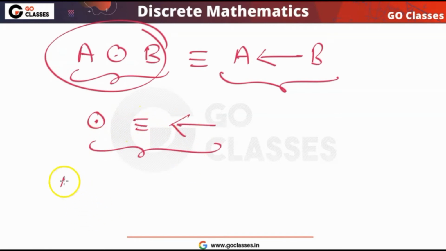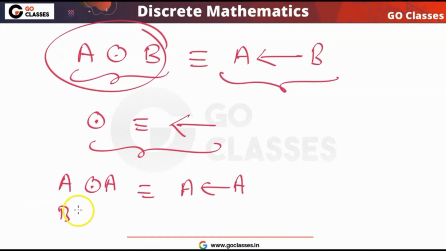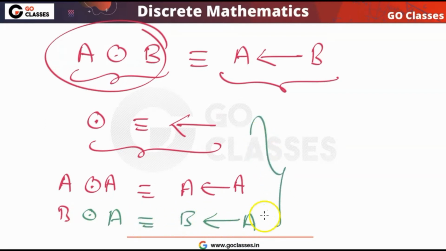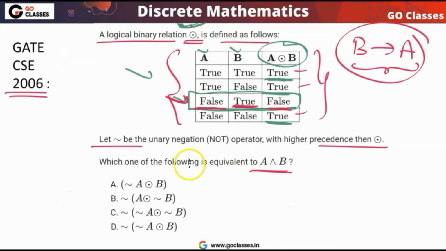Now we know that this new operation is just a backward implication.